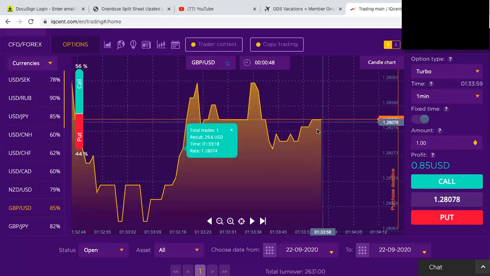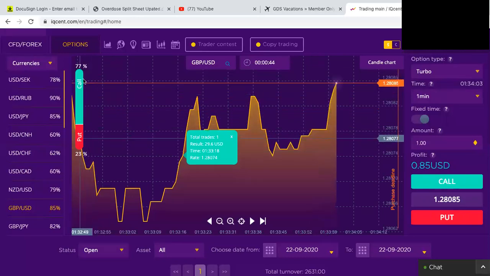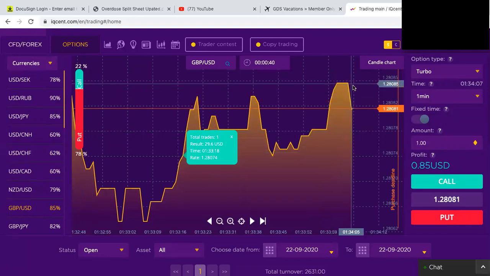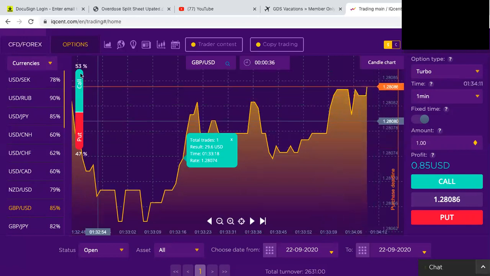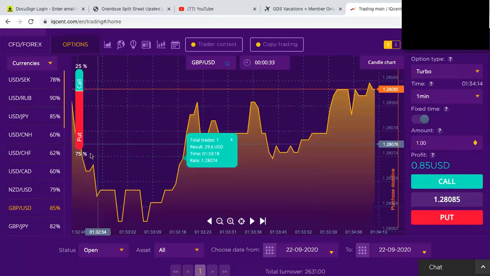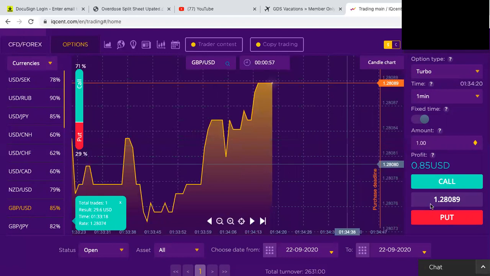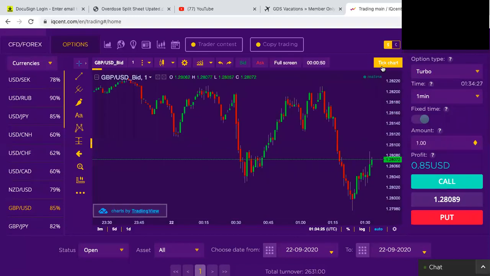As far as the tick chart, whenever I see 78% on either side, whether it's call or put, when 78% hits there first, that's the direction I'm going to take. Then for the very next trade, I'm just alternating back and forth between the candles and the tick chart.